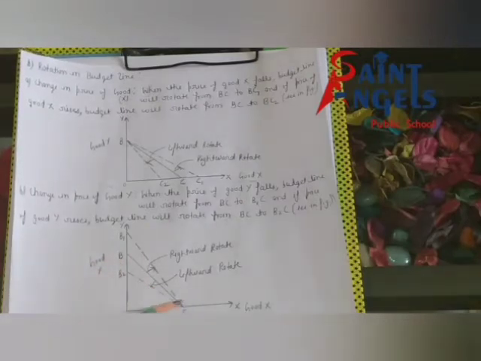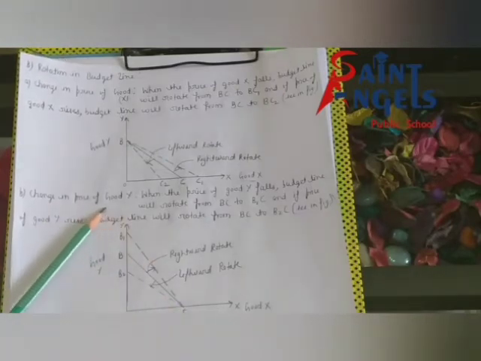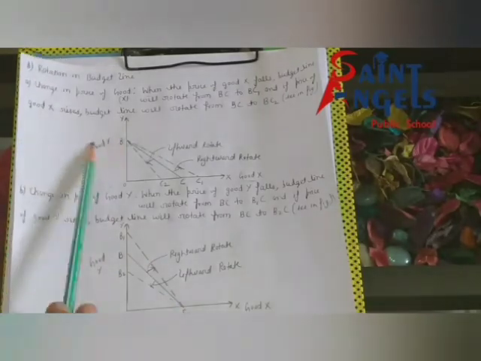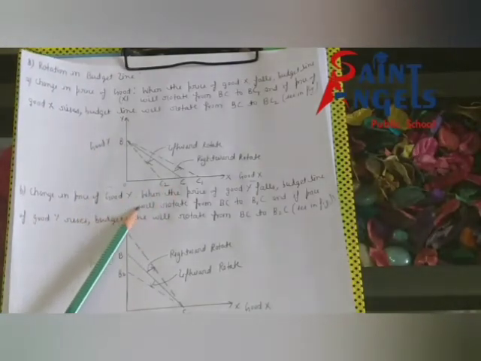And consumption of good X remains constant because there is no change in the price of good X. I hope rotation in the budget line and change in price of good Y are clear.